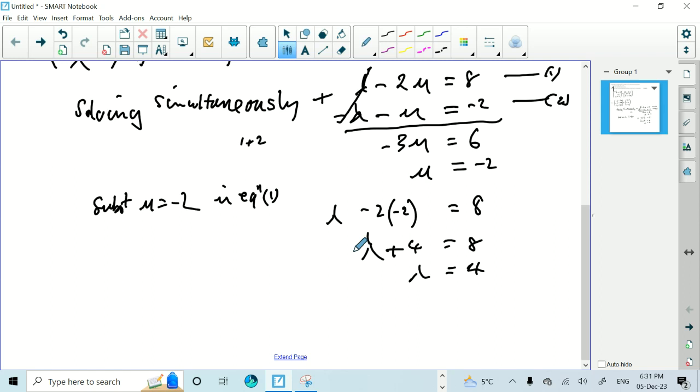I can now check the k component to check for consistency.